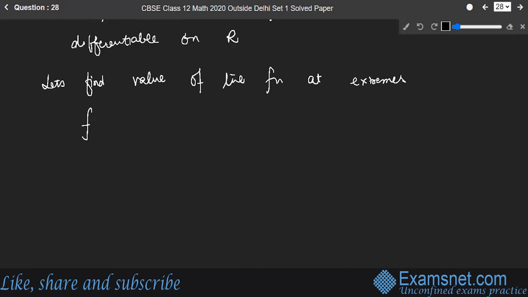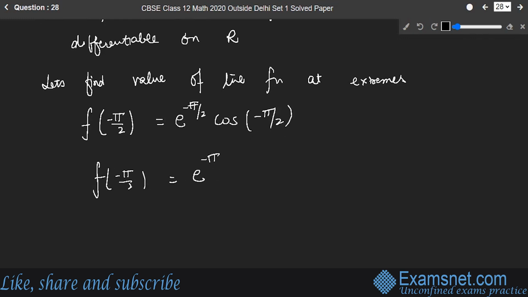So f of minus pi by 2 will be equal to e raised to power minus pi by 2 into cos of minus pi by 2, or f of minus pi by 2 is equal to e raised to power minus pi by 2 into 0, because cos of pi by 2 is equal to 0. This is equal to 0 simply. Let's say this is 1. Let's go for f of pi by 2.